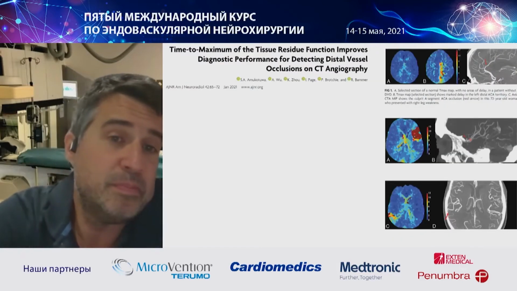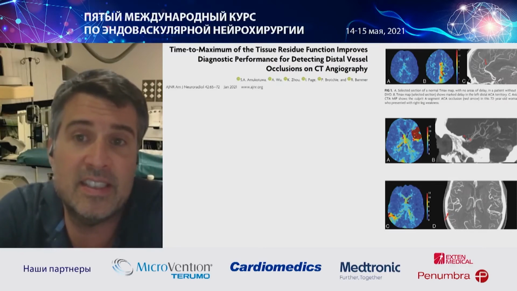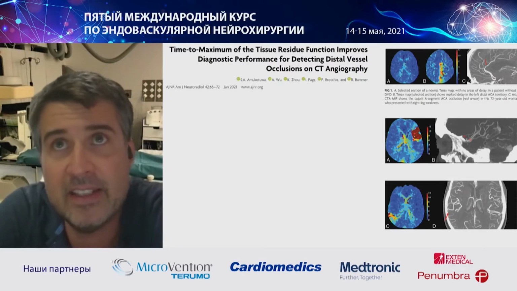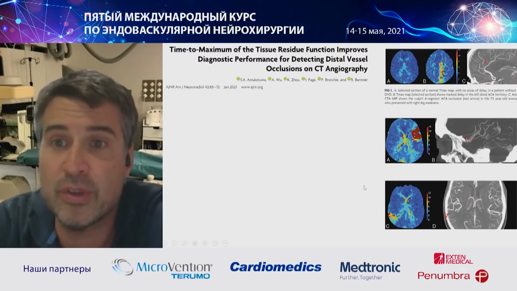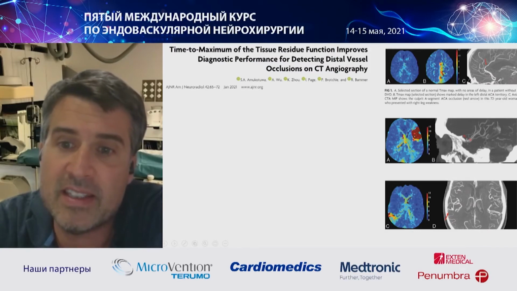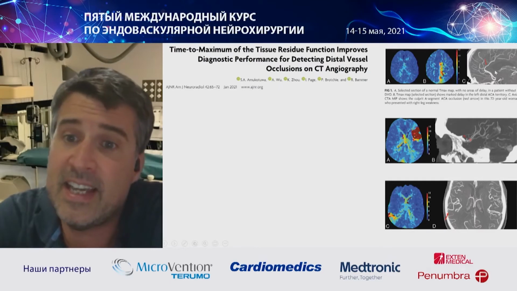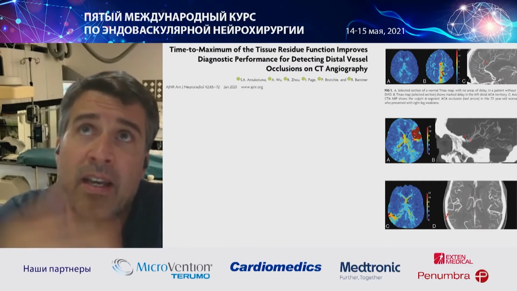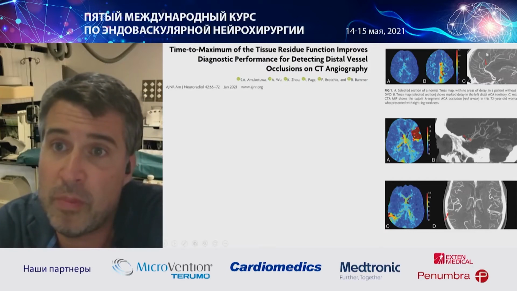So what is being proposed more and more is to guide the decision with enhanced imaging techniques such as CT perfusion. You can see that sometimes you may think that these occlusions are very obvious, but as I said, in the acute phase, you might be missing them.